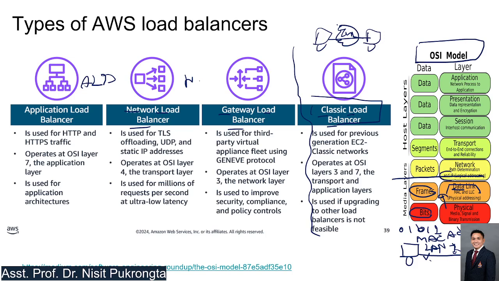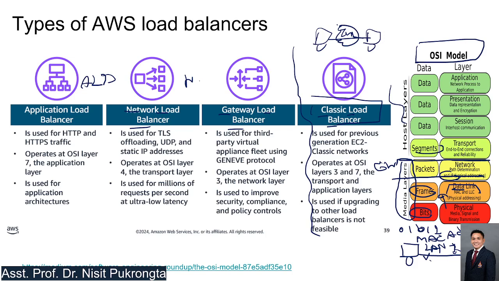When you have the IP address and the gateway, we stay in the network layer. Layers 1, 2, 3 we can call the media layers. Layers 4, 5, 6, 7 we can call the host layers.